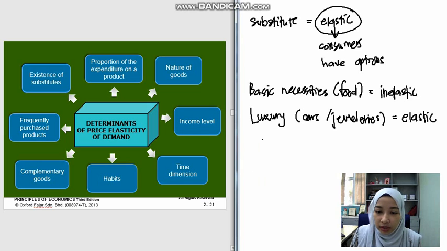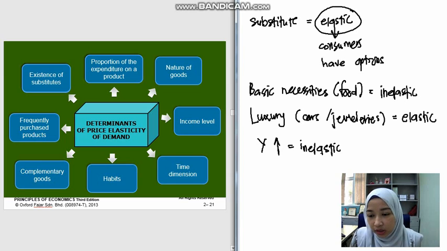Income is indicated by Y. So if income level is high, usually demand will be inelastic. Usually rich people will not feel much of the change in the price level. That is the logic.